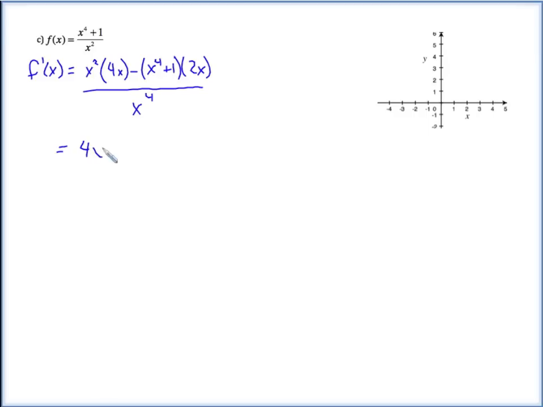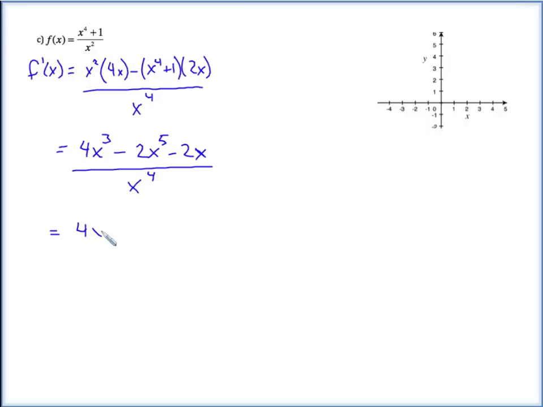We're going to get 4x cubed minus 2x to the 5th minus 2x all over x to the 4th. And we can take an x out of all of these.